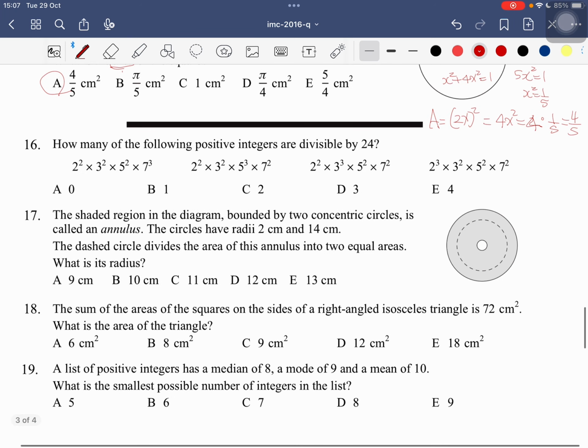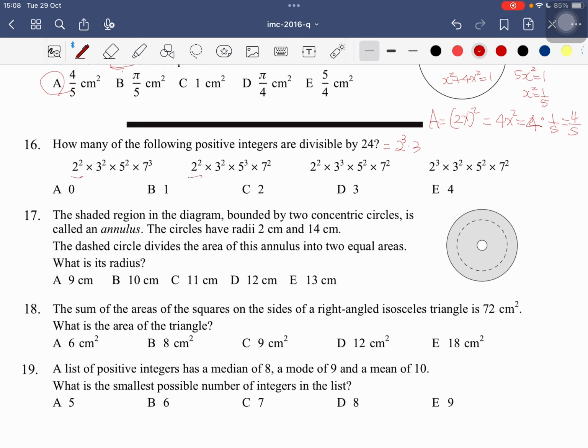Number 16. How many of the following positive integers are divisible by 24? Number 24 as prime factors can be expressed as 3 2's times 1 3. So if those are multiples of 24, they should have at least three 2's and one 3.